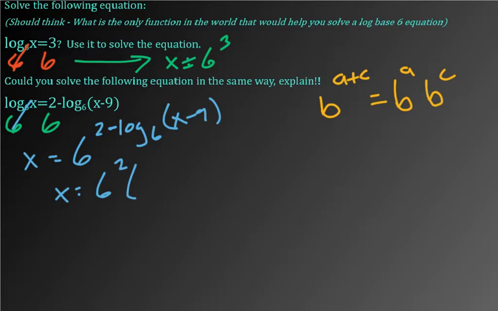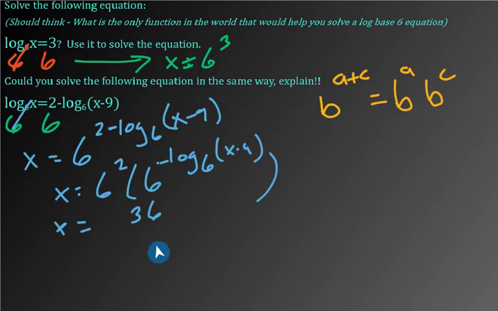So if I just use that, then it's going to be 6 to the negative log base 6 of x minus 9. And then I would get a 36. The negative is just going to put it on the bottom. And so I would have 6 to the log base 6 of x minus 9.